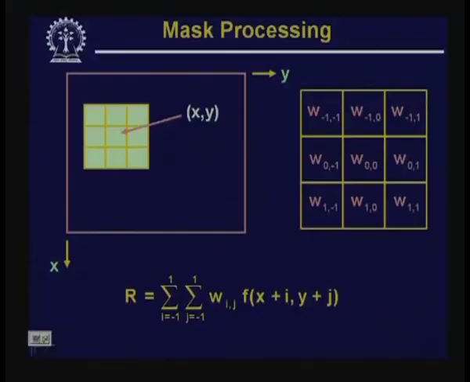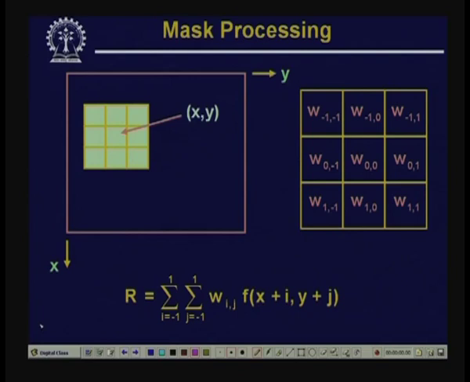There we have said that if I consider a 3 by 3 neighborhood like this, we take a mask of size 3 by 3. Here on the right hand side, this is a mask of size 3 by 3 having different coefficient values given as w(-1,-1), w(-1,0), w(-1,1), and so on, with the center coefficient in the mask having a value w(0,0).